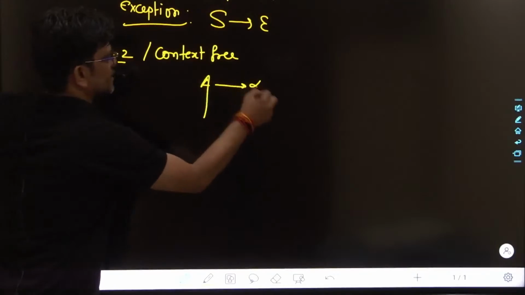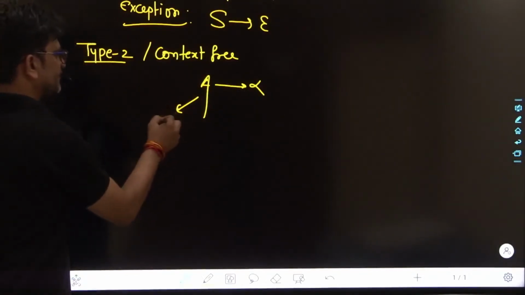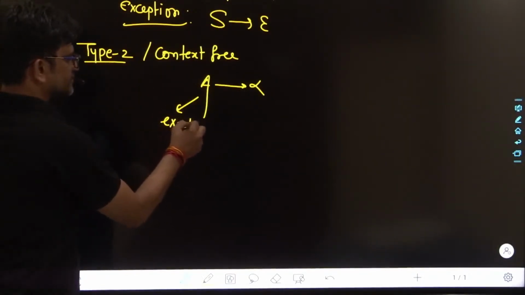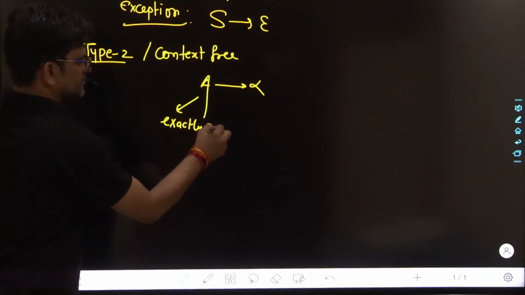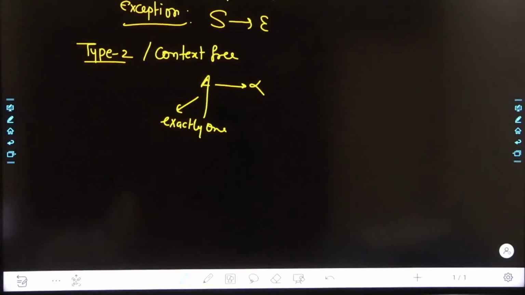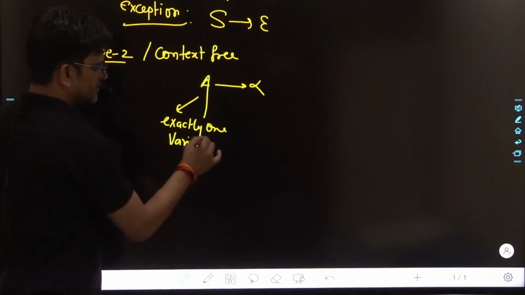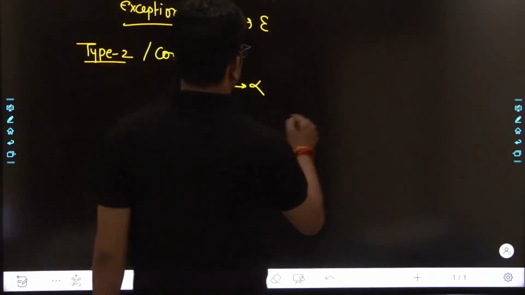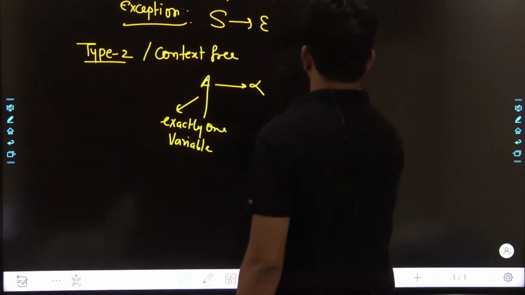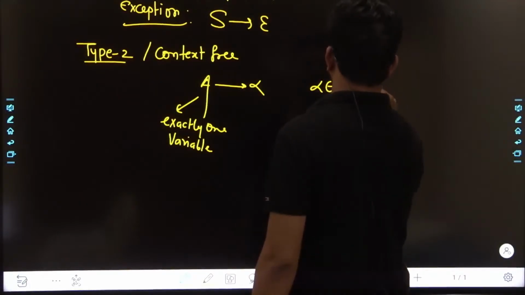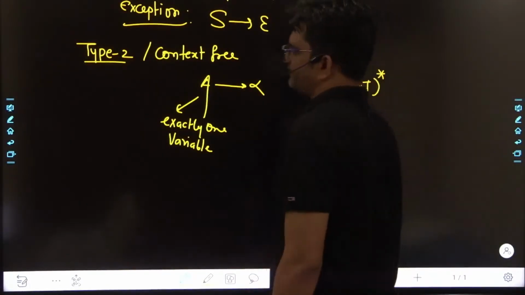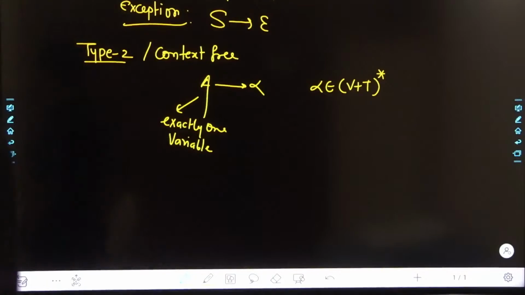A determines alpha, with exactly one variable on the left hand side. In the right hand side, alpha belongs to any number of variables and terminals including epsilon.